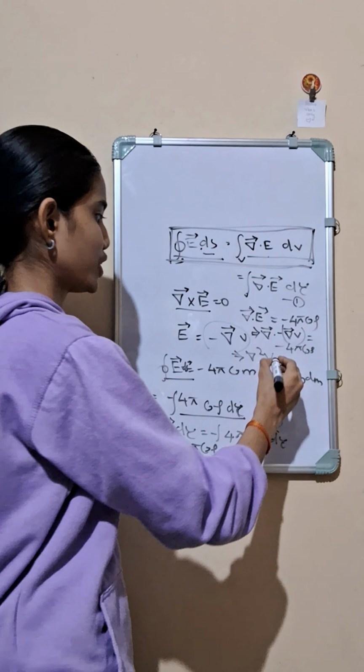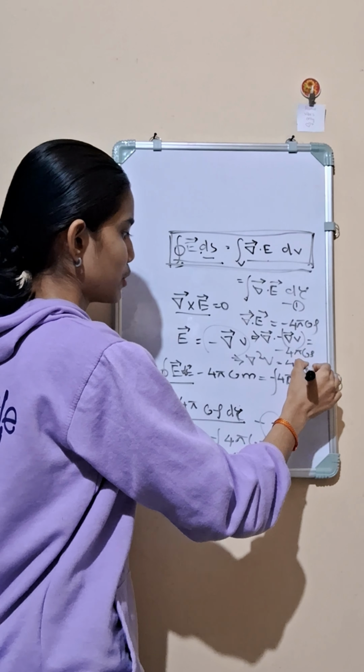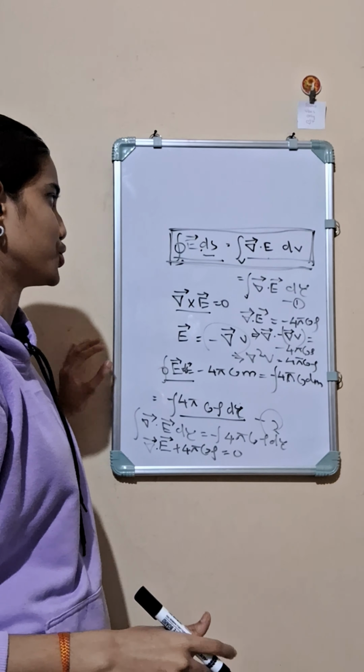The Laplacian of the potential is 4 pi G rho, as the negative signs cancel out.